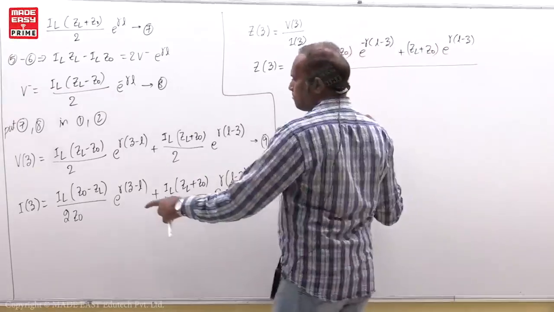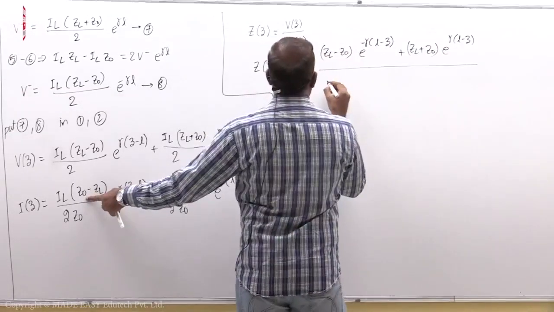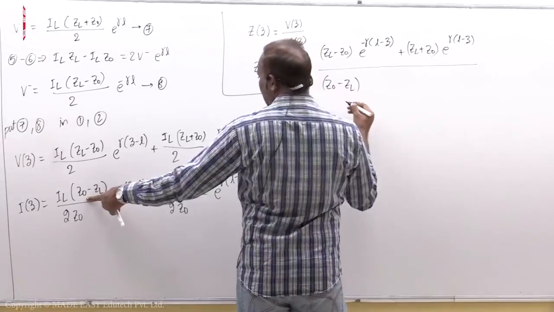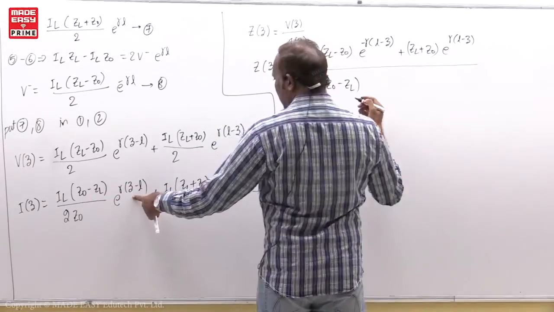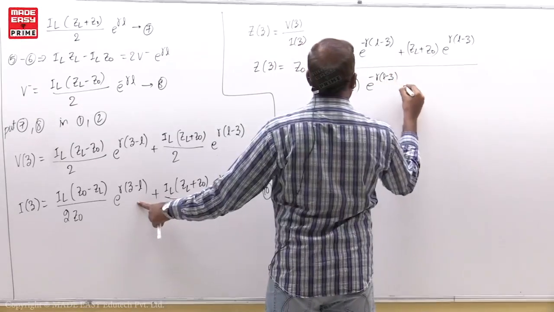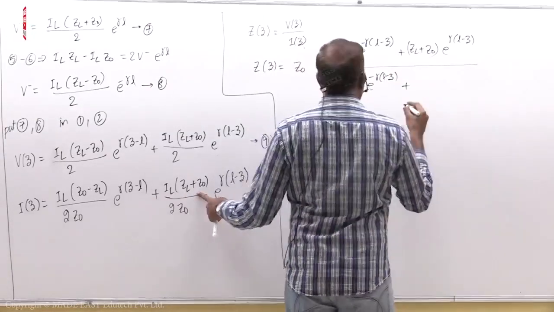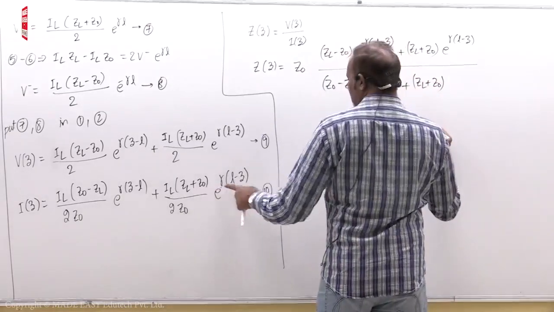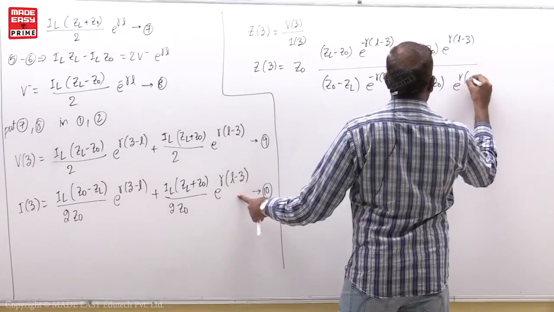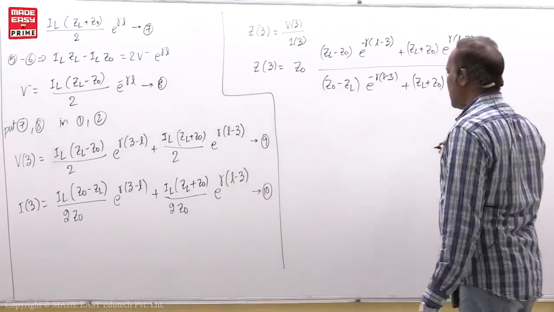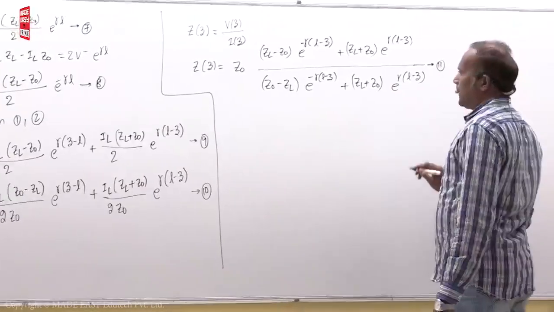Next, here this one (Z naught minus ZL), here I want to write L minus Z. So e power minus gamma (L minus Z) plus this one (ZL plus Z naught) e power gamma (L minus Z), students. So let us say this is equation number 11.